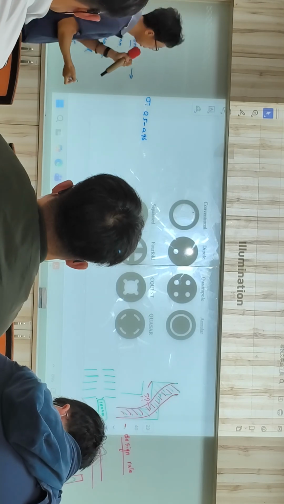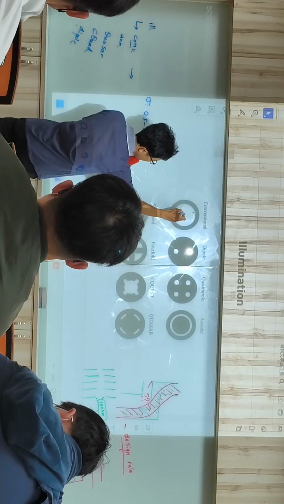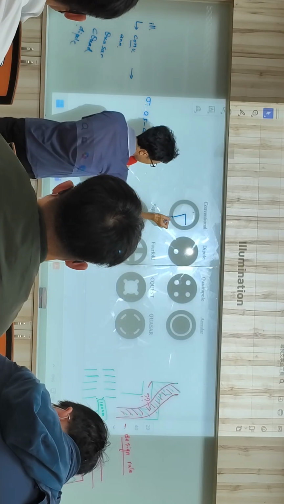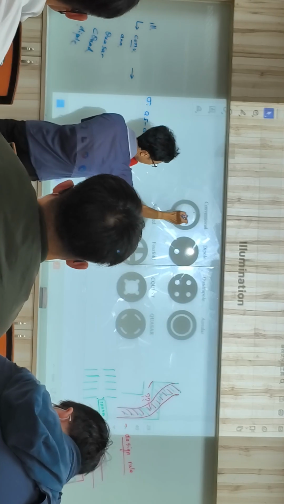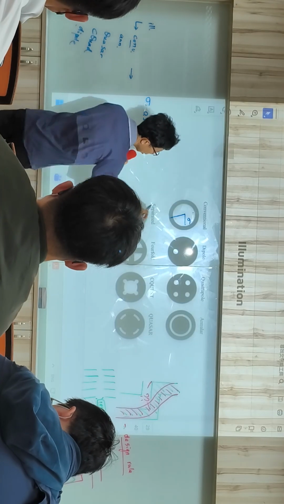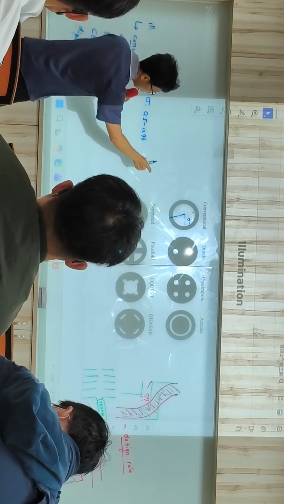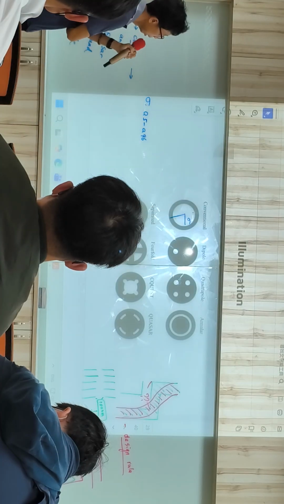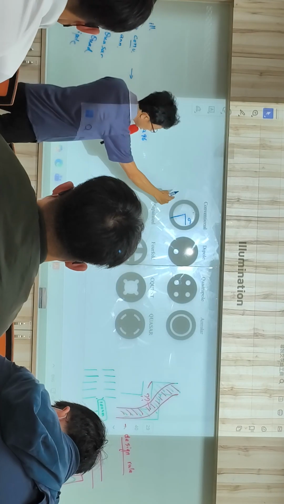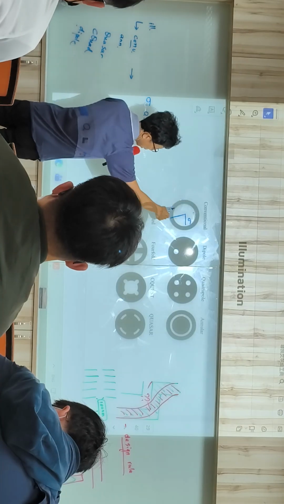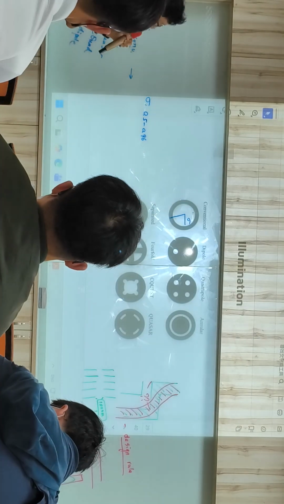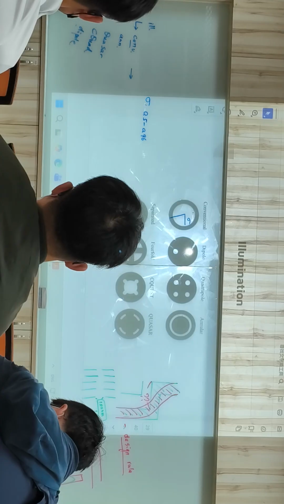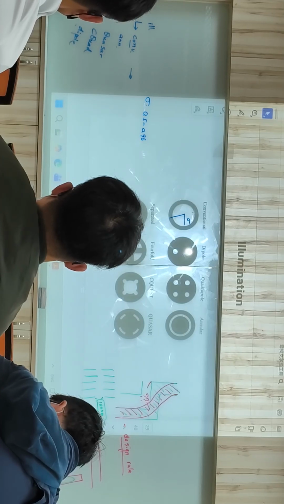If it is 0.5, the ratio is sigma, so 0.5 means only half of the radius. If it is 0.96, it is almost as big as the objective lens.